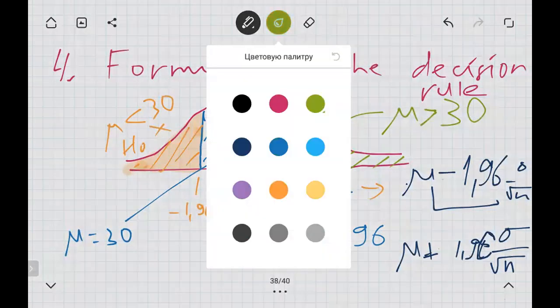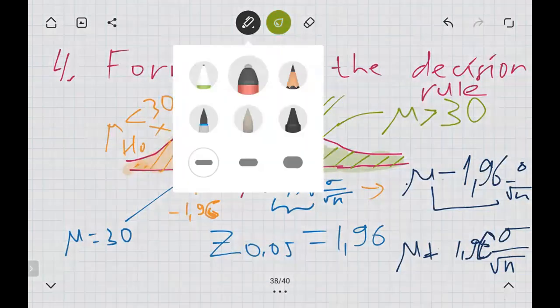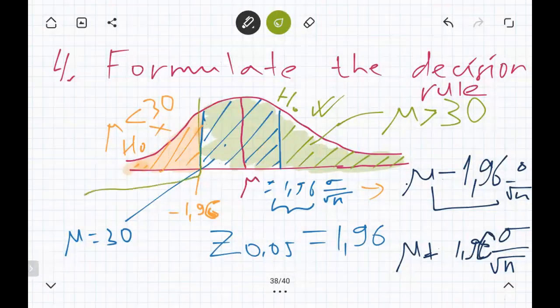And it's not there. If it's here, then we do not reject it. So our rejection range is in one tail of the distribution. And that's why this test we did now is a one-tail test.